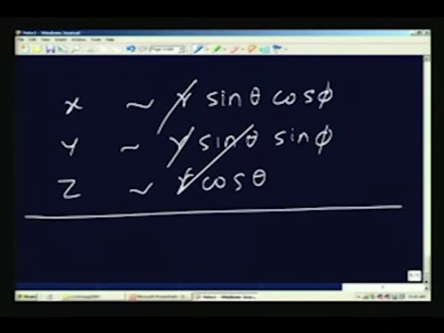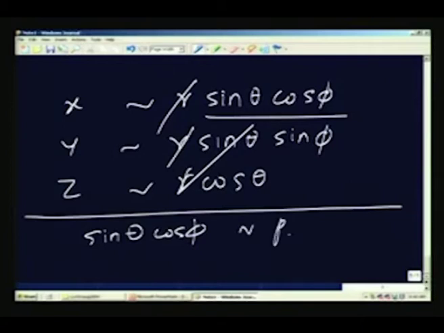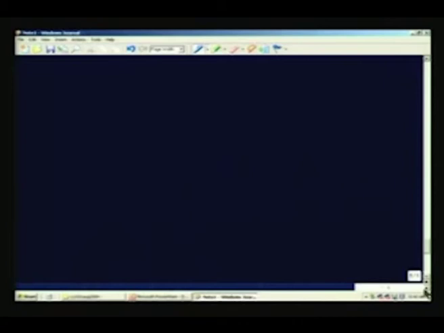Therefore, this particular combination, namely sin theta cos phi, which is the real part of y11, is called the px orbital, in relation to the fact that x is like sin theta cos phi.